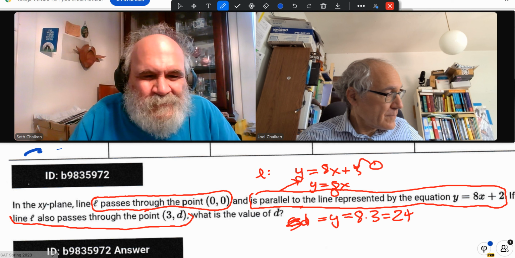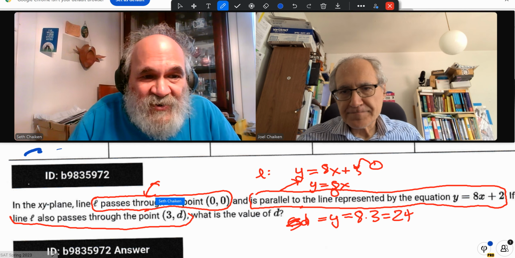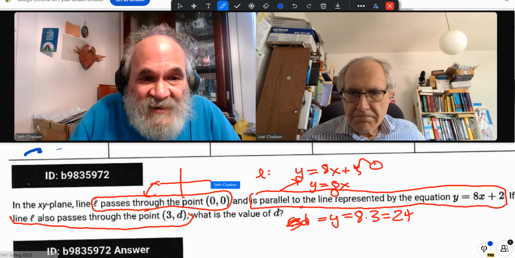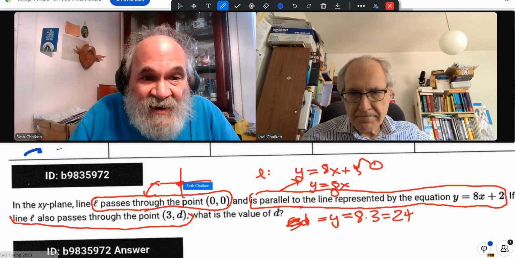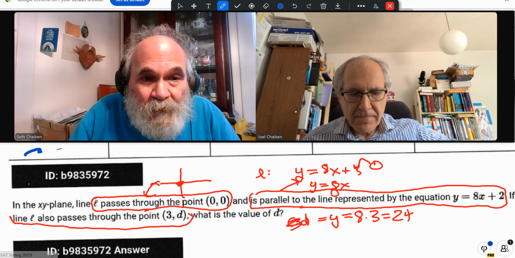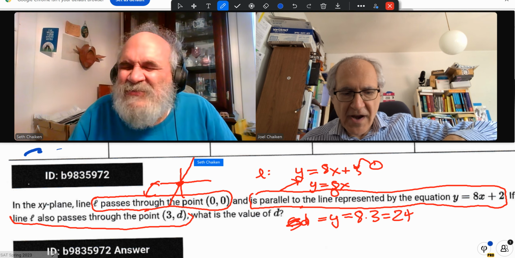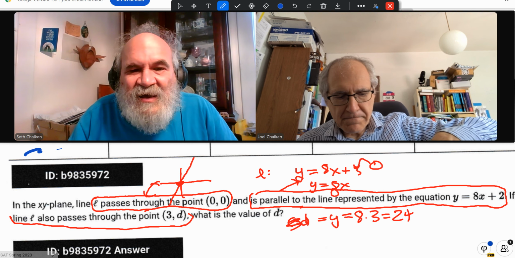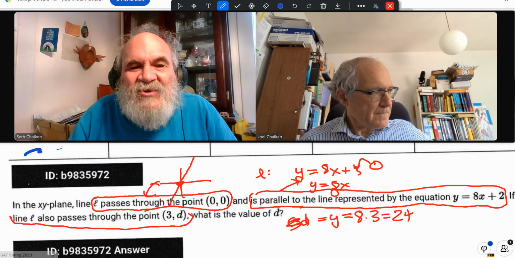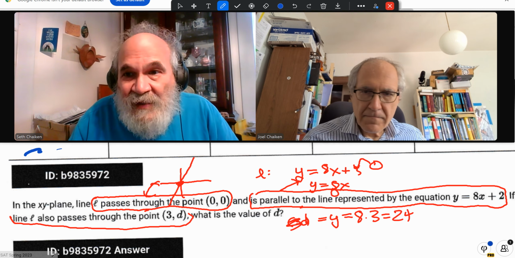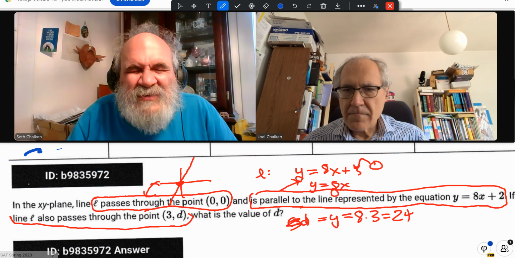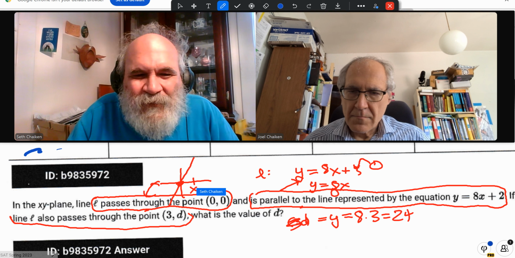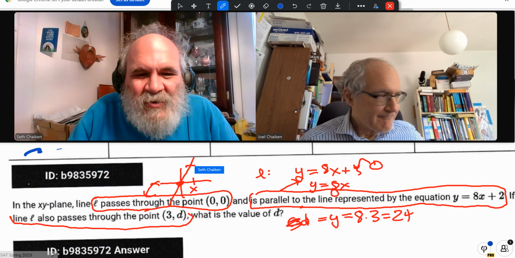The image that I had from the first fact, that the line passes through the origin, is that the line kind of looks like this. It passes through the origin, yeah, with a pretty steep slope. So what you need to know is the slope. And when you know the slope, to get a y value, you take the x value and multiply it by the slope.